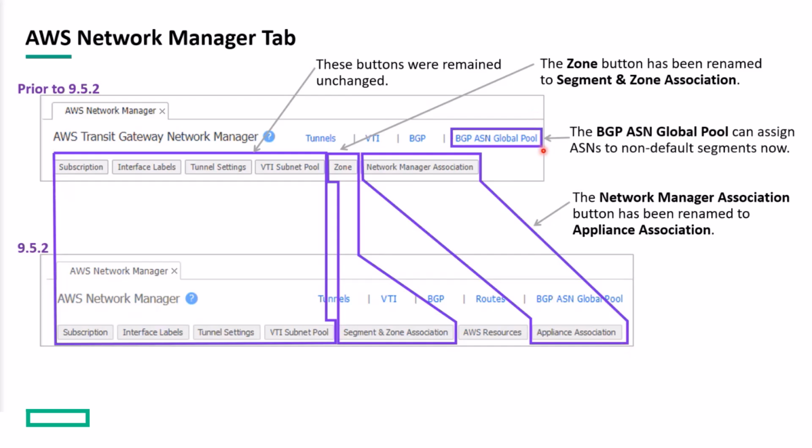And the BGP ASN global pool now supports assigning ASNs to non-default segments. And also we added this button which contains the information about the VPC, the region, and the LAN route table of the Edge Connect instance.